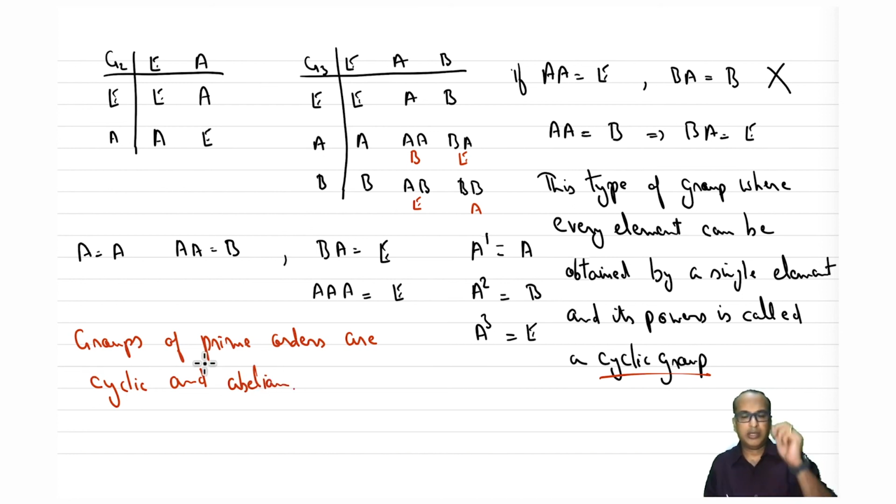Abelian we have learned earlier, cyclic we have learned today. So groups of prime orders are cyclic and abelian for all such groups. Okay, I think it's time to wrap up this part, group multiplication table.